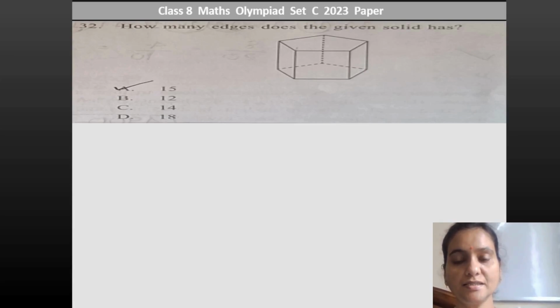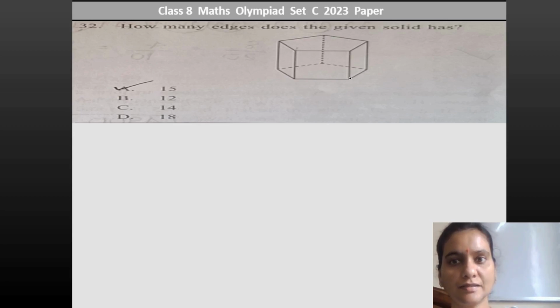How many edges does the given solid have? If you see in this question, it's a pentagonal prism. A pentagon has 5 edges, so 5 edges on the top. Down below we also have the base as a pentagon, so it will be 5 here also. So 5 plus 5, 10.